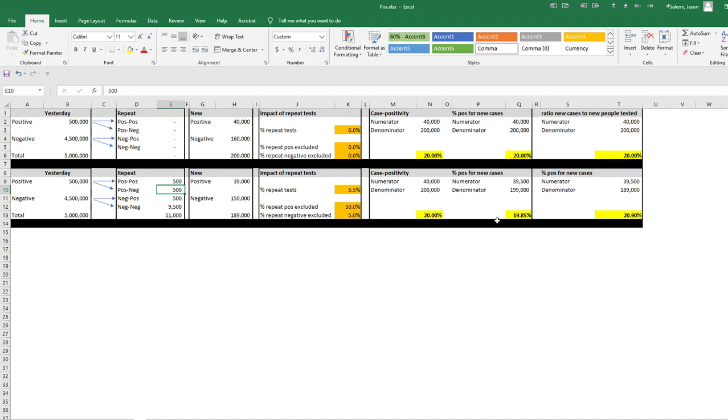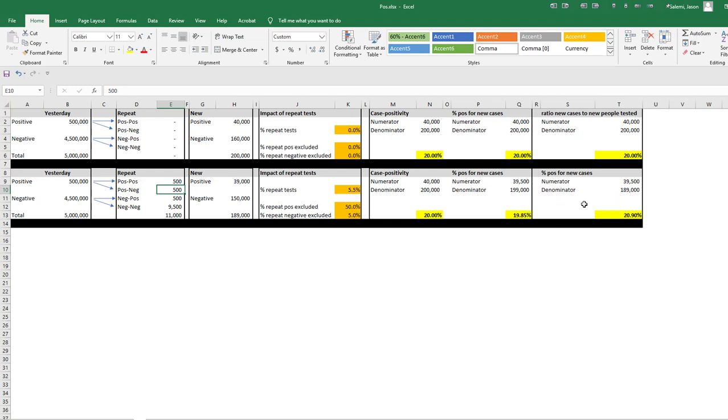It's barely any difference at all. Why? Well, the big why is because we have a small proportion of all people tested today that were repeat tests. So this is a good take-home message: when my proportion of all tests on a given day that are repeat tests is very small, you will not have a big difference between these two measures.